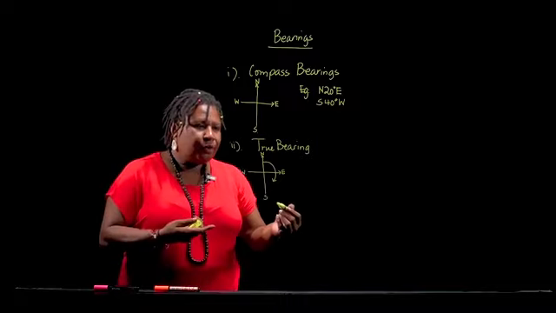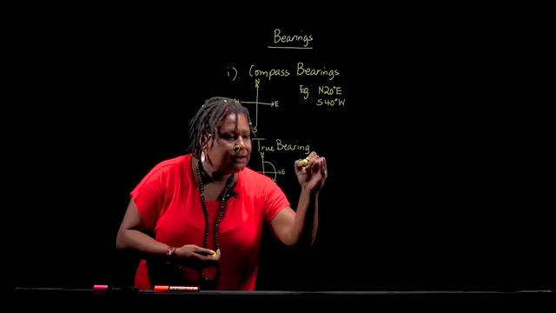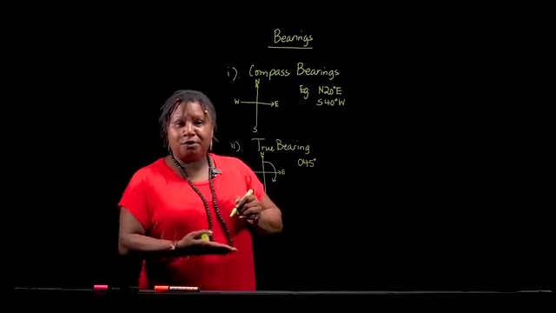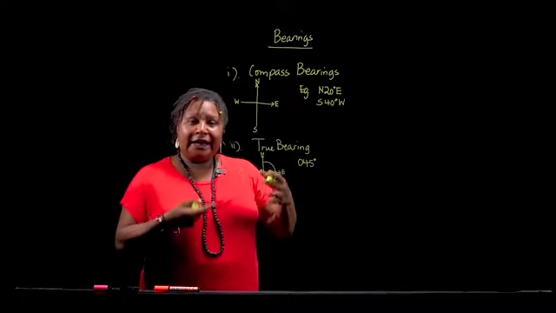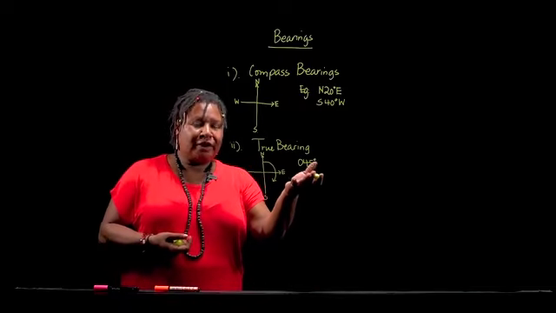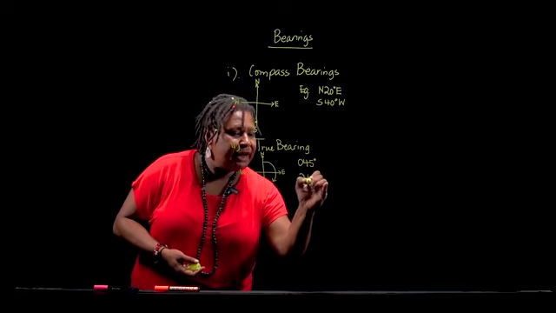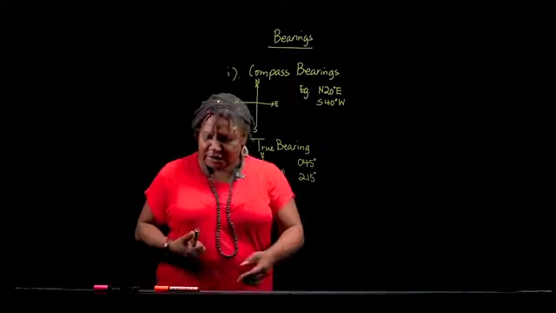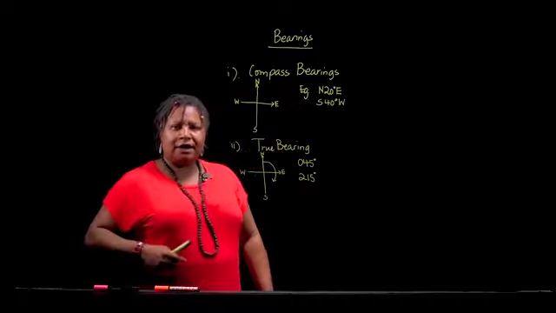So, a true bearing can look like 045 degrees. Another term used to describe true bearing is a three-figure bearing, an angle always given in three figures. So 045 degrees, or we can have 215 degrees.